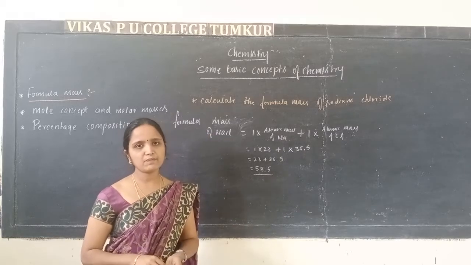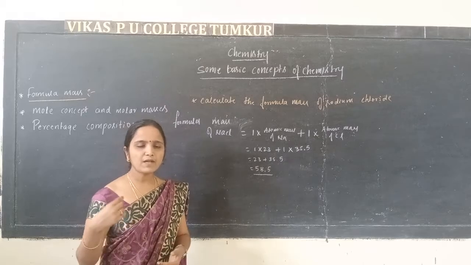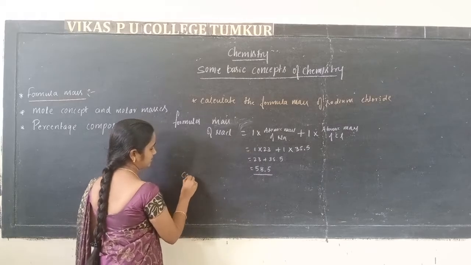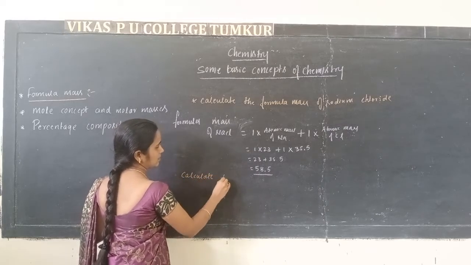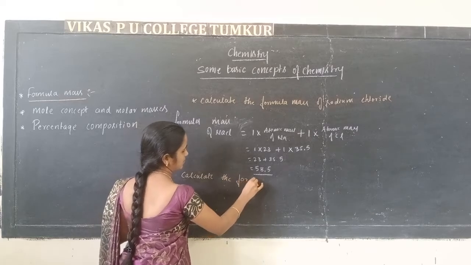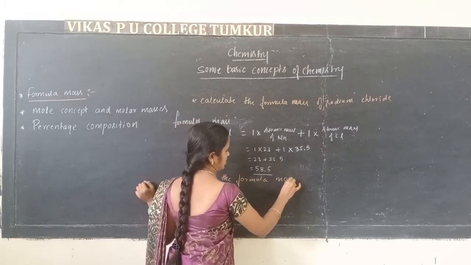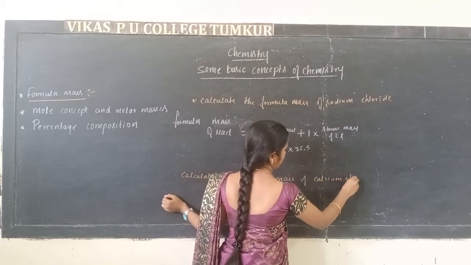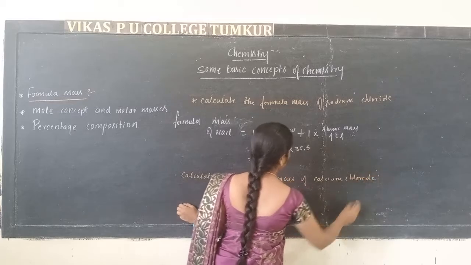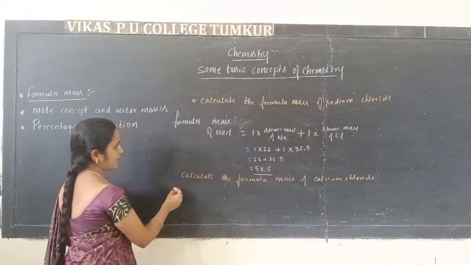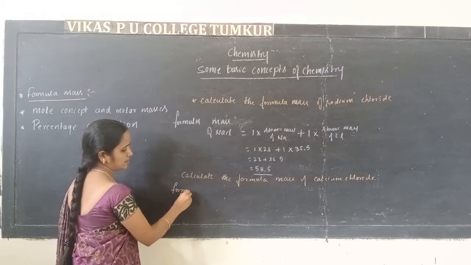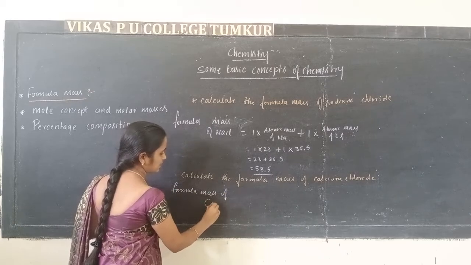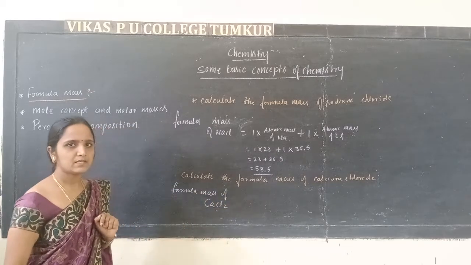Like this only, if they ask in the examination to calculate the formula mass of calcium chloride, which is also an ionic compound, the formula is CaCl2.